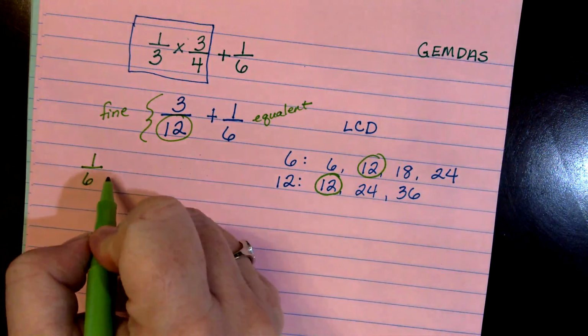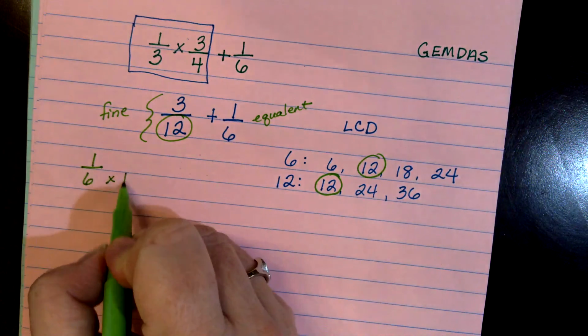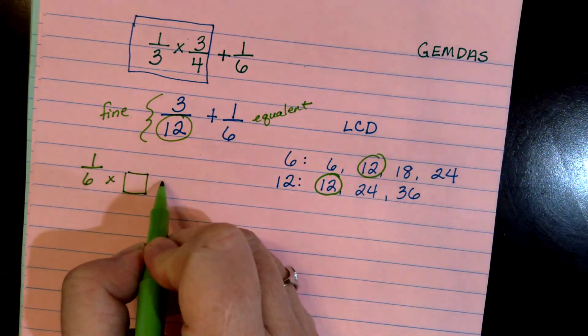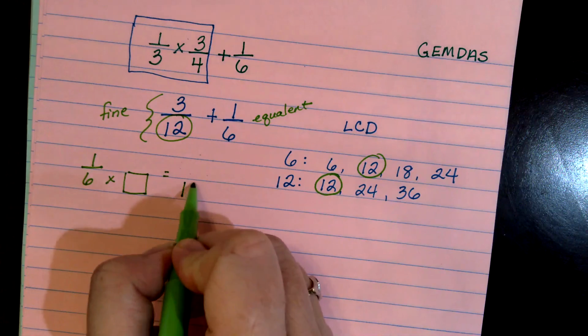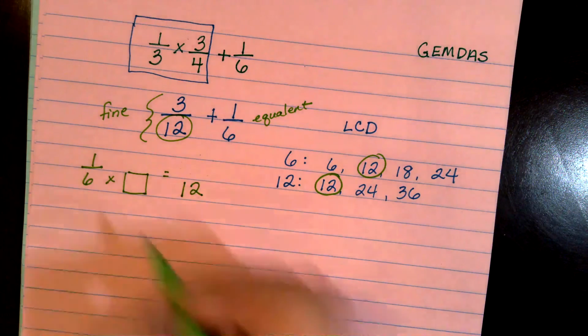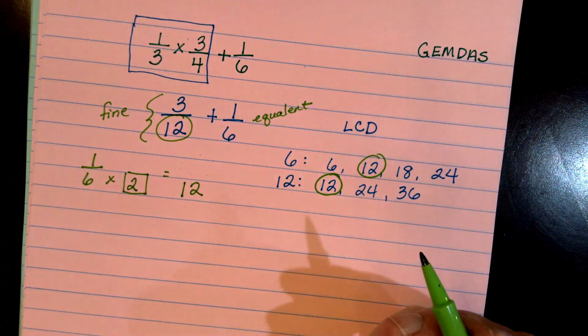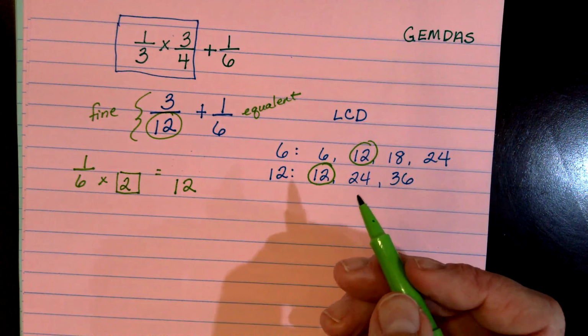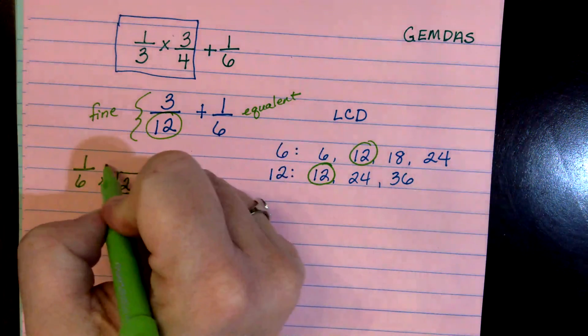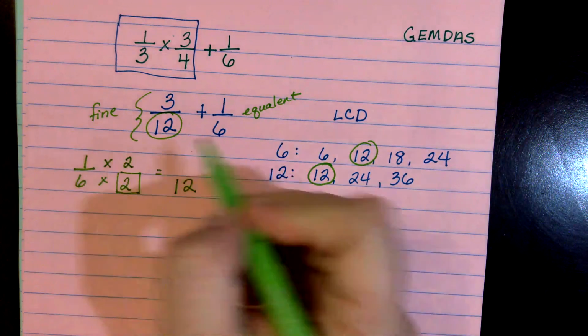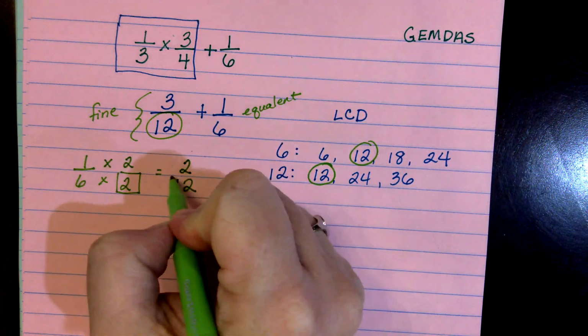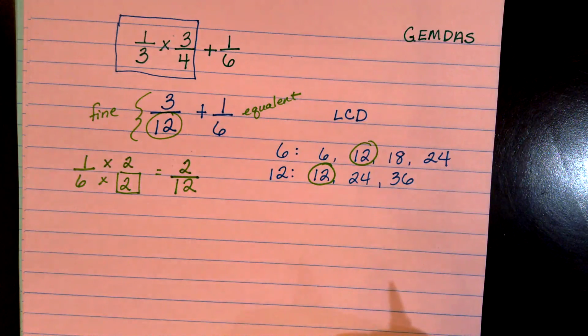What do we have to multiply 6 by to get to 12? Well, we have to multiply 6 times 2. Anything that we do to the bottom, we have to do to the top. So our numerator is going to be 1 times 2, which is going to give us 2/12.